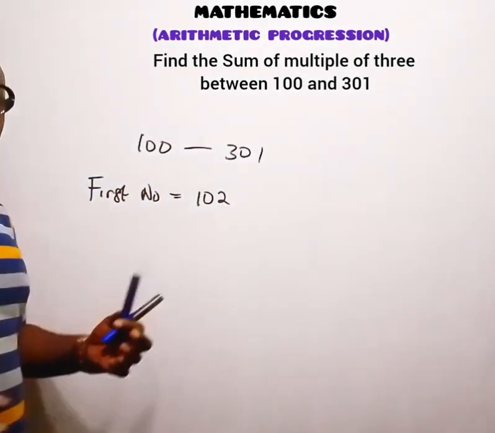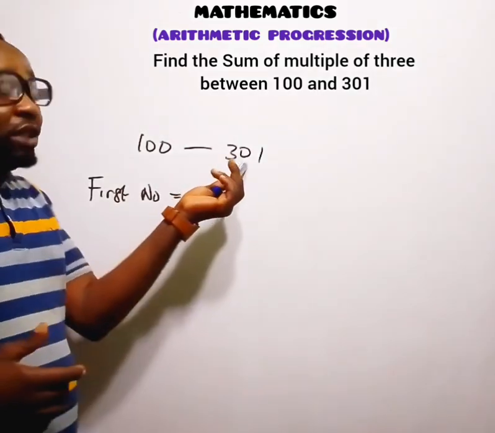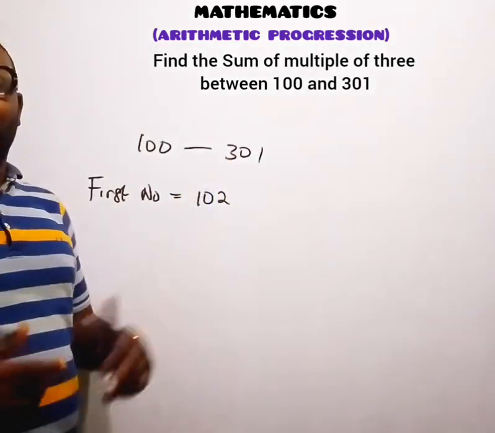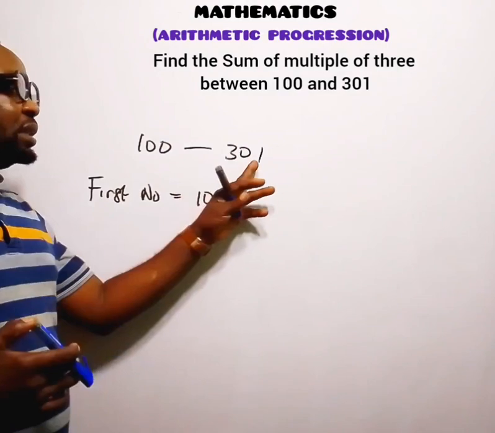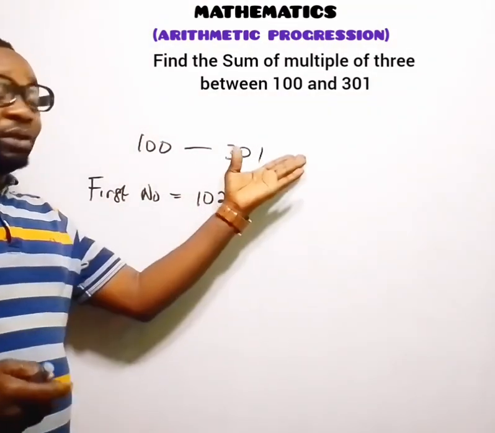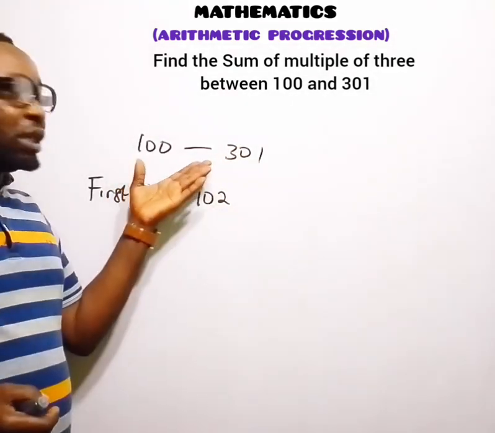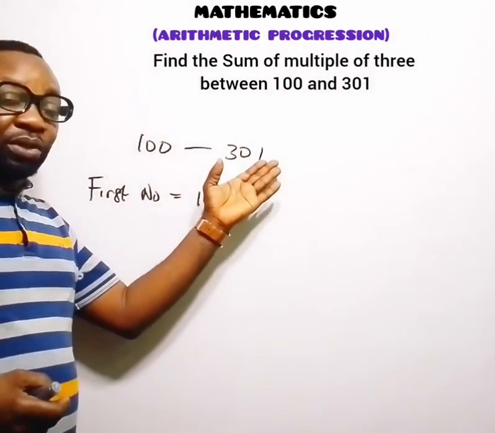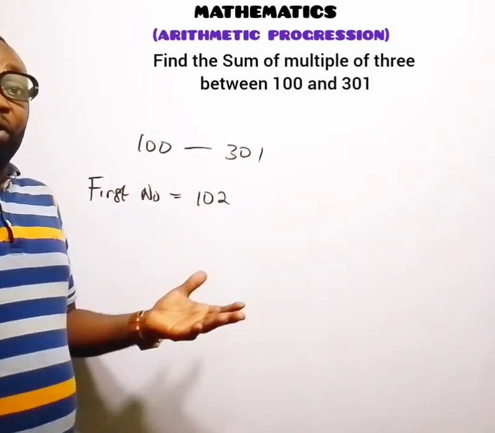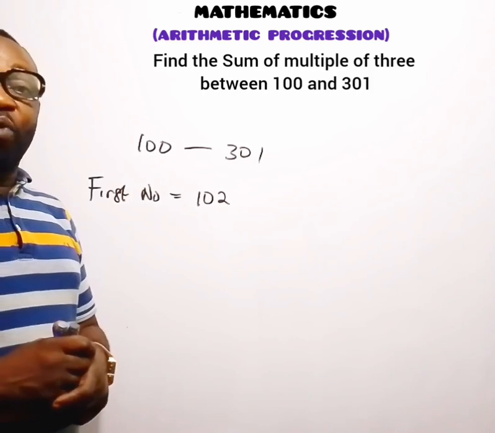Then what I'll do next is to look for the last number. Ordinarily, it is obvious that if I multiply any number by 3, I cannot get 301. So definitely, I cannot go beyond 301 because I'm asked to find the multiples of 3 in between 100 and 301. So the next number obviously is going to be 300, which is 3 multiplied by 100.